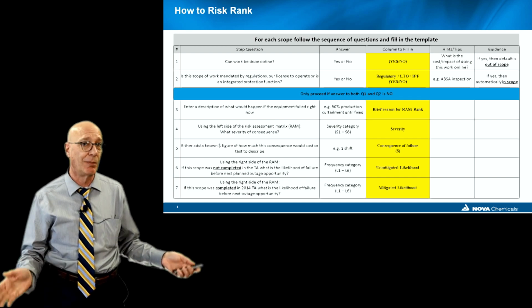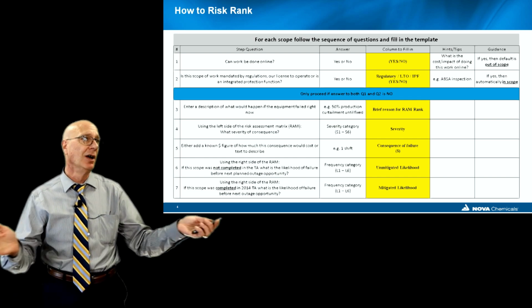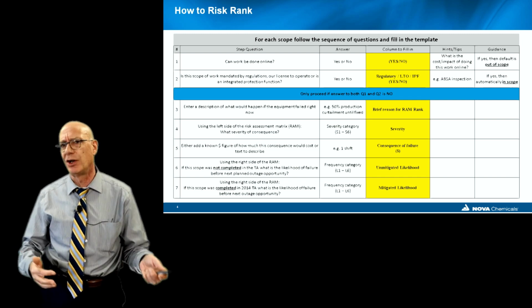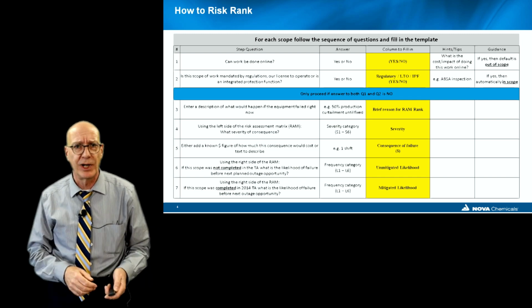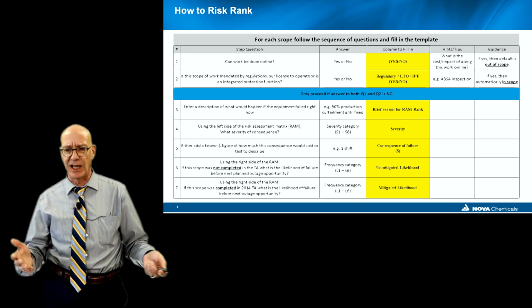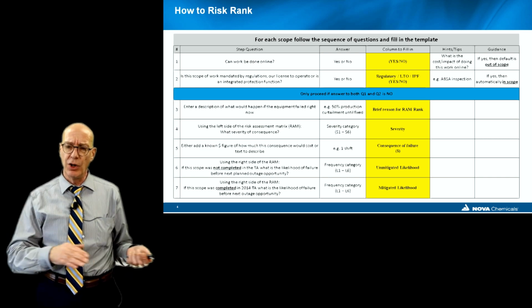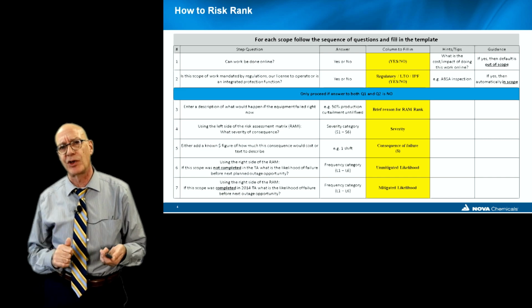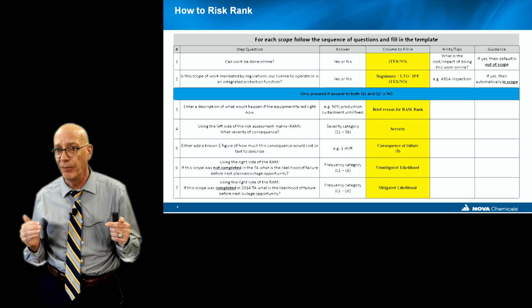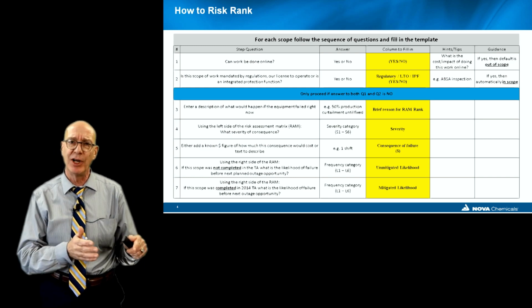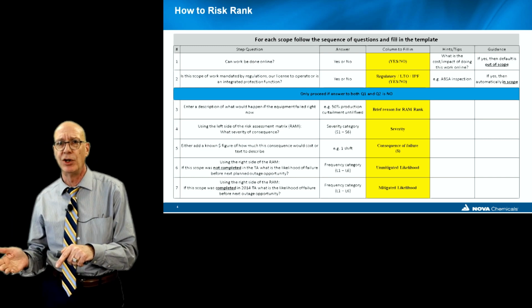Maybe we don't know how much money it's going to cost, so we're going to say we're going to lose a shift of production. Or maybe we're going to say there's a potential to create several lost time accidents, something like that, and we're just going to put it in words, just so that we have something locked down there. Then we're going to go across the top of our matrix, and we're going to, as a quorum, decide what the likelihood of this happening is before the next opportunity to do work.